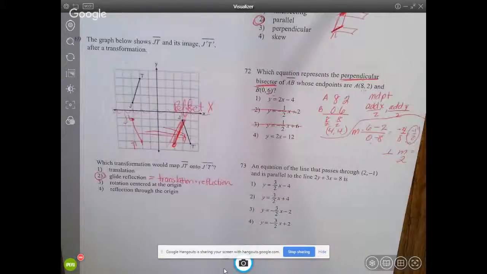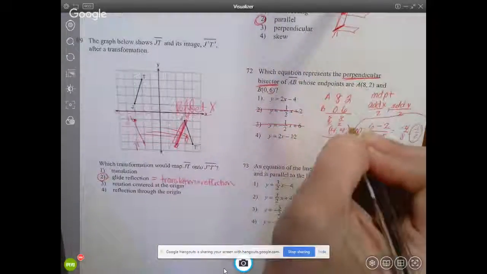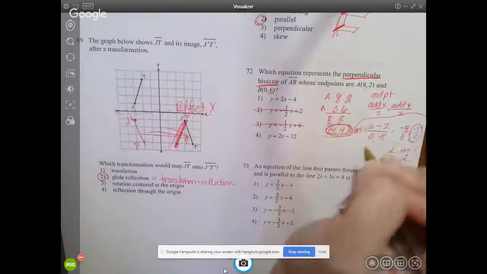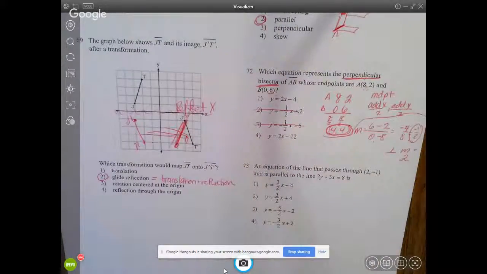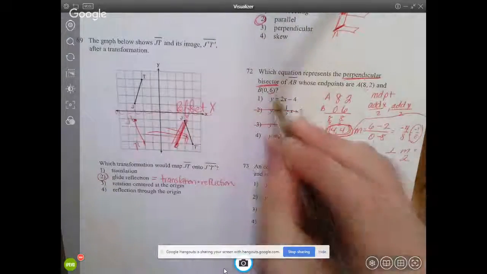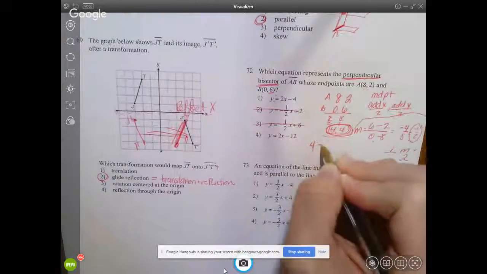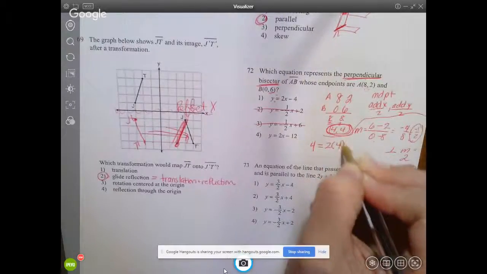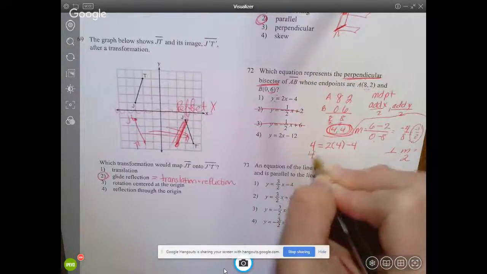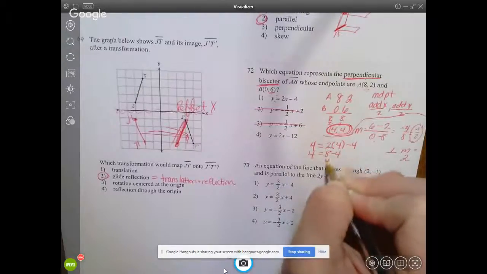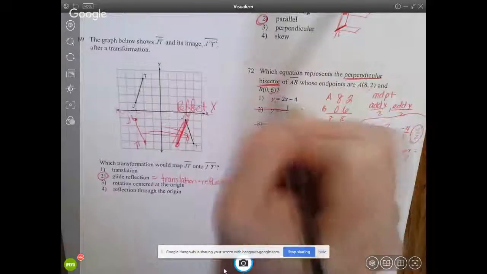But the catch is that it has to go through this midpoint, because it has to go through the bisector. So now we have to plug 4, 4 into the equation. If I put 4 equals 2 times 4 minus 4, does that work? 4 equals 8 minus 4. It does. So the answer is choice 1.